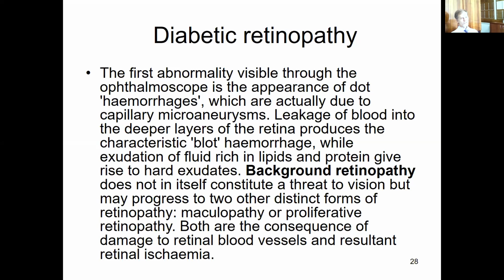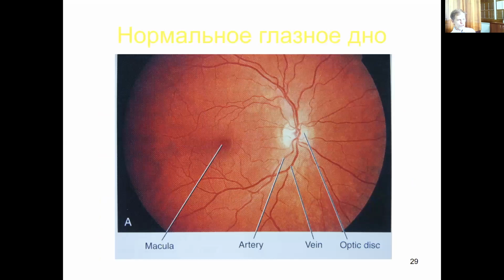And what happens if we have damage of vessels? We have damage of these sensors, which catch light. As a result, we have problems with vision. And this is known as retinopathy.